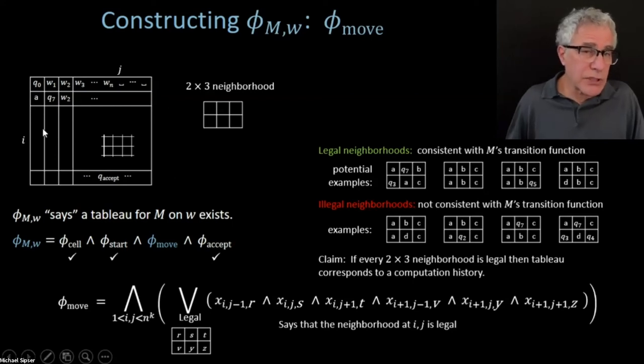And if you design the machine so that it never moves its head off the left end either, which you can do, then you wouldn't have to worry about that possibility. But otherwise you would have to put some sort of delimiter here to enforce the head not moving off the left end. So there are some details like that too.